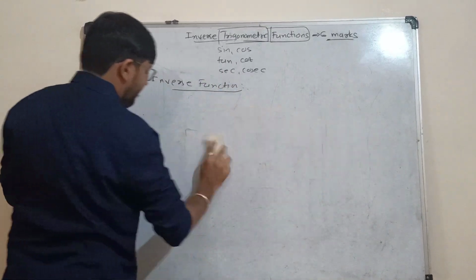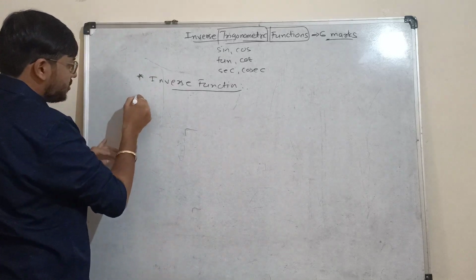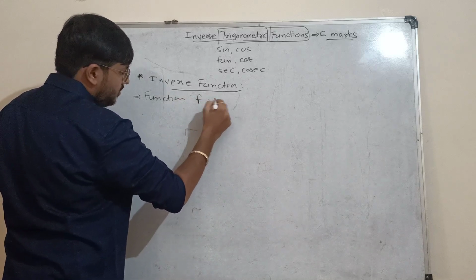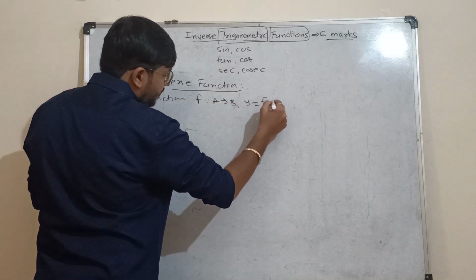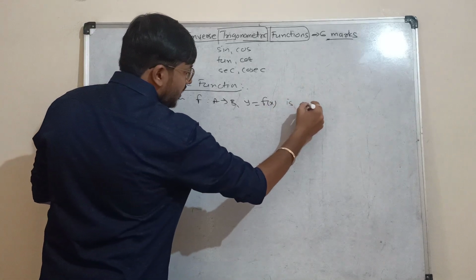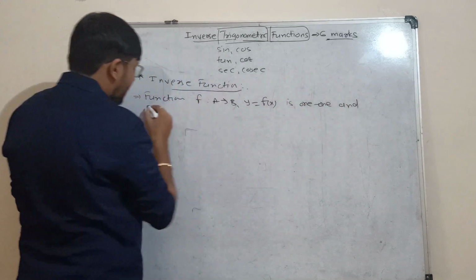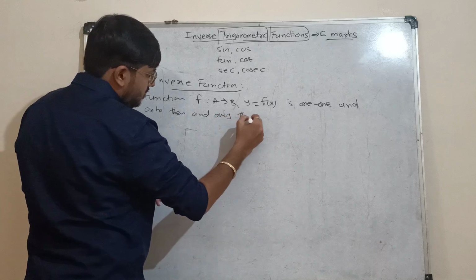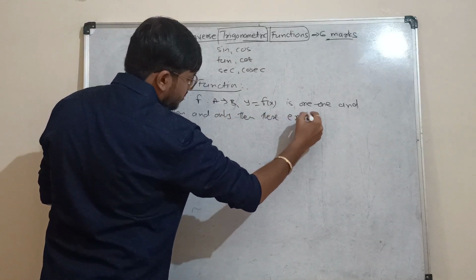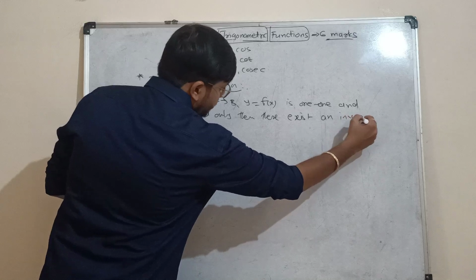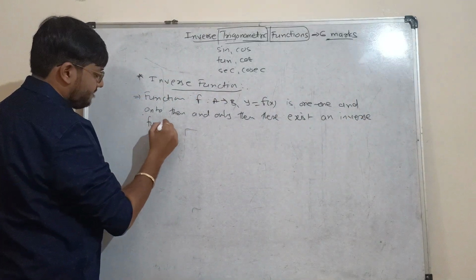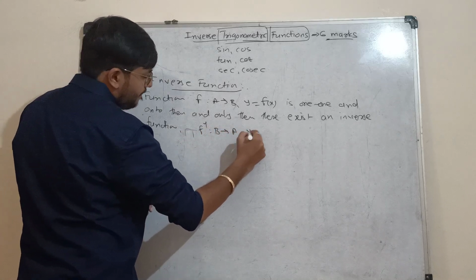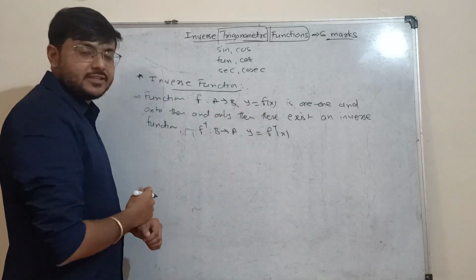So for a function f from A to B, y equals f(x), is one-one and onto, then and only then there exists an inverse function defined on B to A as y equals f inverse x.